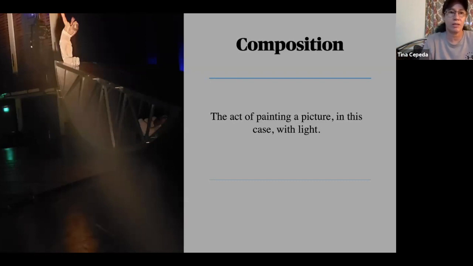It was a neat little trick that we did for this show. But painting with light, obviously, using specials, using color, being able to paint a whole picture with just light, because everything you do is complementing the actor at this point.